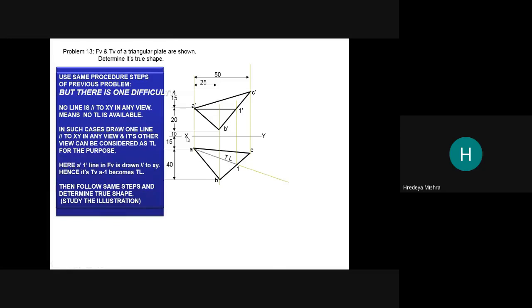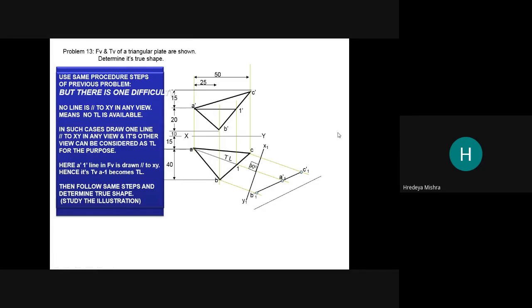We drew the extension from the true length, and now you see, that is the extension. The next thing is to make a 90-degree line x1 y1, and from here we get the projection. See here, that is a1 dash, c1 dash and b1 dash.